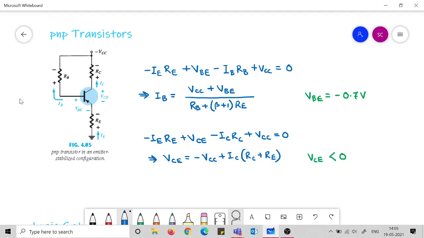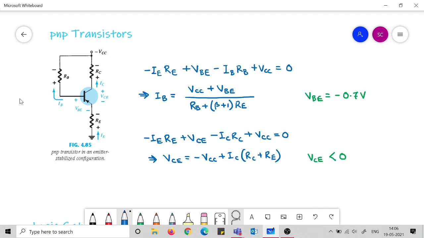So if we keep that in our mind, we just have shown the same equations, the KVL and KCL, the KVL equations for the PNP here, and as you can see here that your VBE and VCE are defined with the same polarities as we had defined in the NPN transistors also.